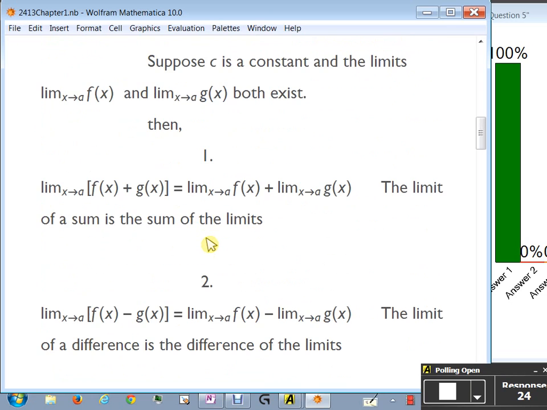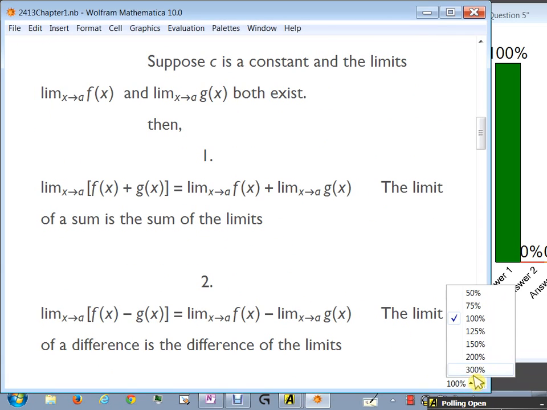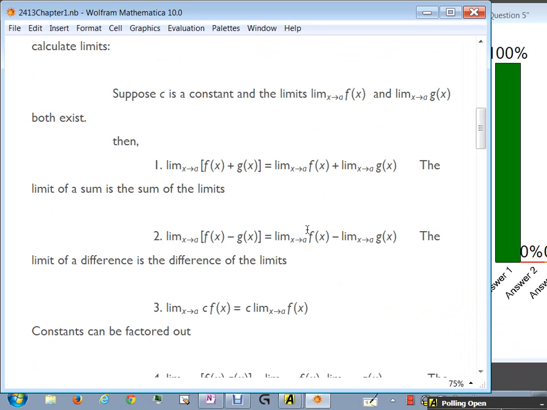So there were a bunch of limit laws in these notes. We're going to use these throughout today, but I'll just do a quick summary. When you're doing limits, if you have addition or subtraction between two terms, you can just look at the limit of each one individually.